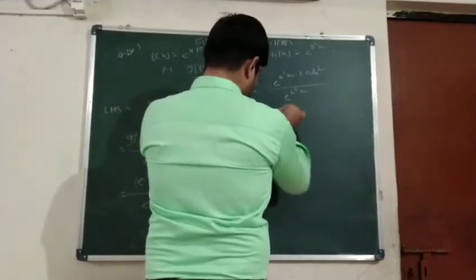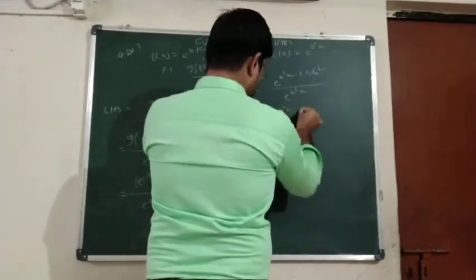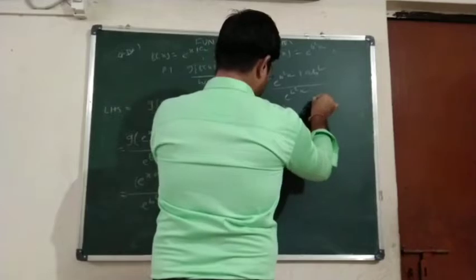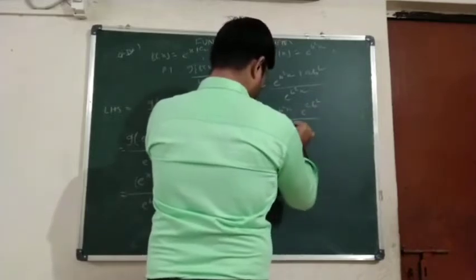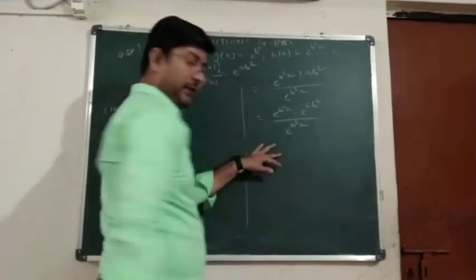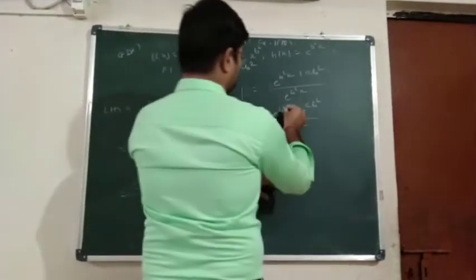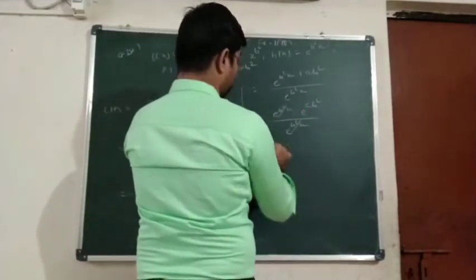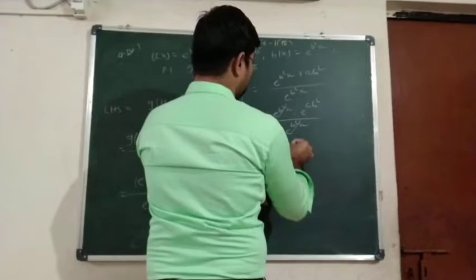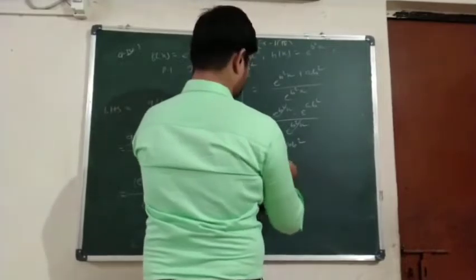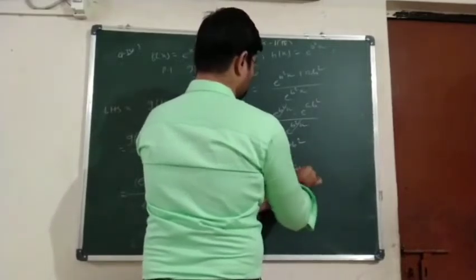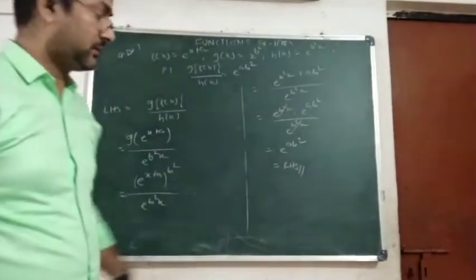So e raised to b square x into e raised to ab square, upon e raised to b square x, we can write. Clear? And therefore this e raised to b square x will get cancelled. We are left with e raised to ab square, which is equal to right hand side. Please note down first.